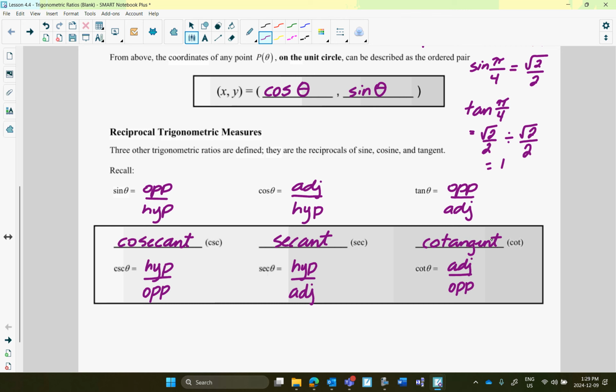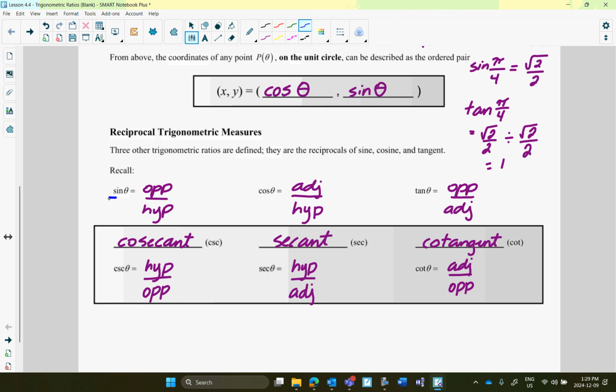How do you remember these? Well, tan and cotangent are pretty easy to remember because they both have the word tangent in it. So what's the reciprocal of tangent? Cotangent. What's the reciprocal of cotangent? Tangent. The way that I remember these ones is I look at the first letters.